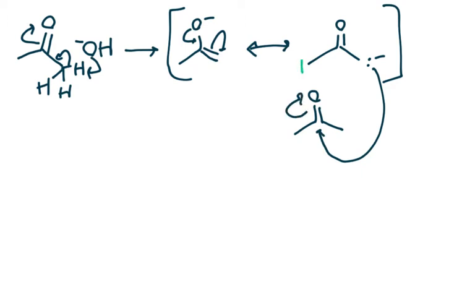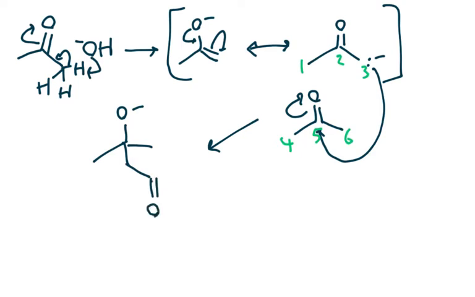And if we label these 1, 2, 3, 4, 5, 6, not that it matters between 4 and 6, they're symmetrical, but once we make a new thing, it's going to look like this, and this is 5, this is 4 and 6, they can be the other way around.